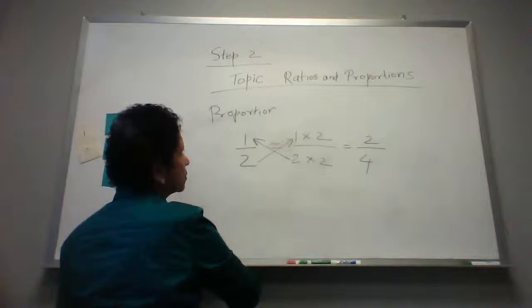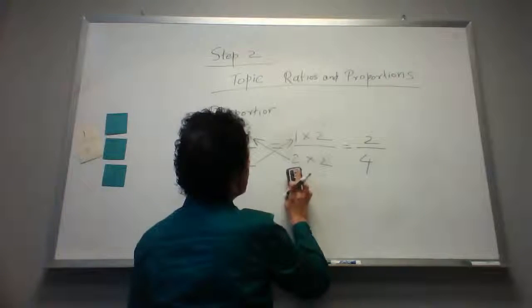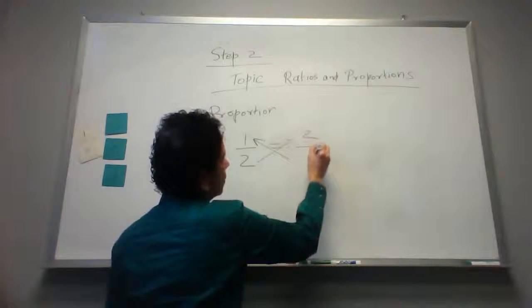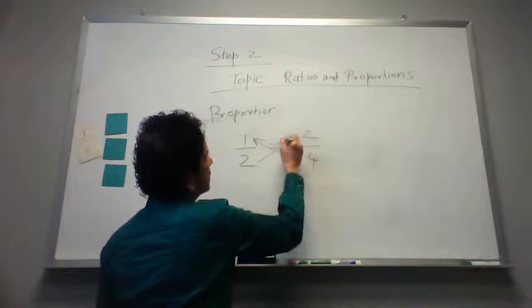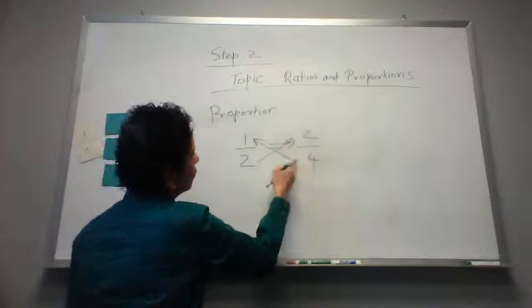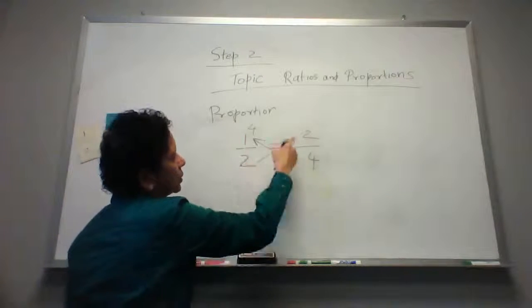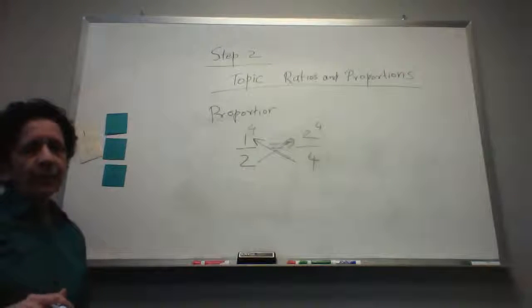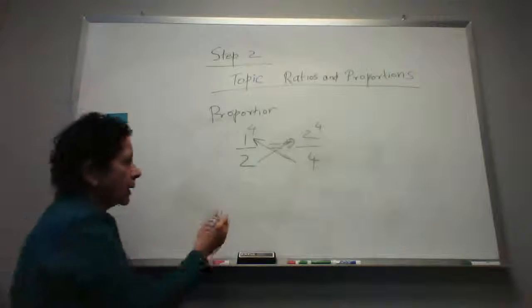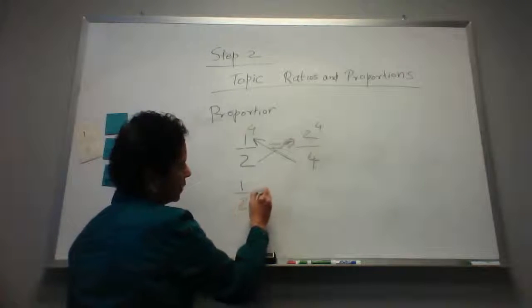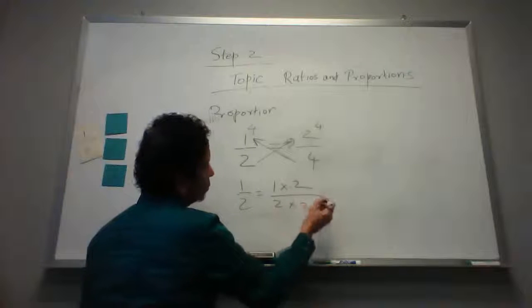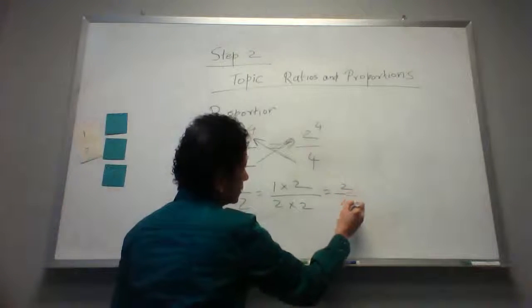So just to reduce the confusion, let me write it this way, 2/4. So when I do the cross multiplication, what happens? 4 times 1, that is 4. 2 times 2, that is 4, right? So when I cross multiply, they will always be equal. Why? Because we said that it's 1 times 2, then 2 times 2, and that equals 2 times 4.